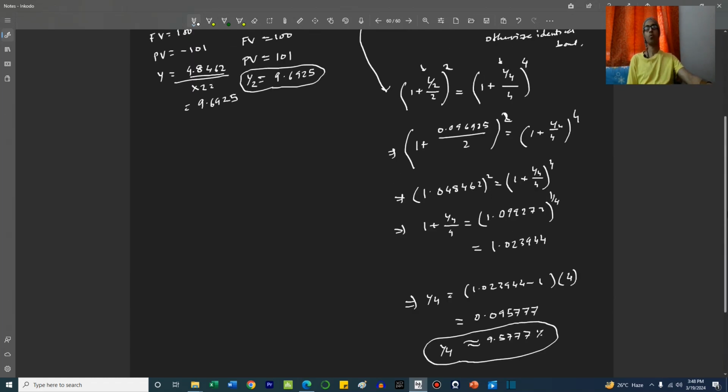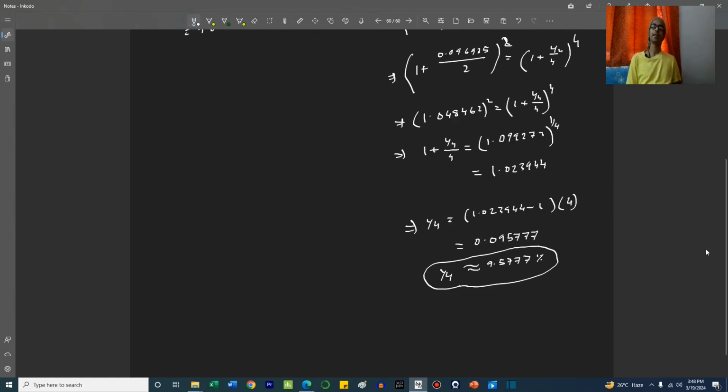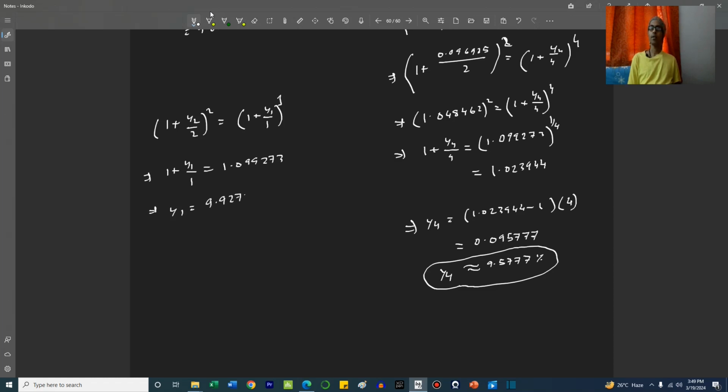Now we can also find out what is the annualized yield when the compounding is yearly. How do we do that? (1 plus y2 by 2) squared is equal to (1 plus y1 by 1) to the power 1, implying we can take the value from here. 1 plus y1 by 1 is equal to 1.099273, implying y1 is equal to 9.9273%.